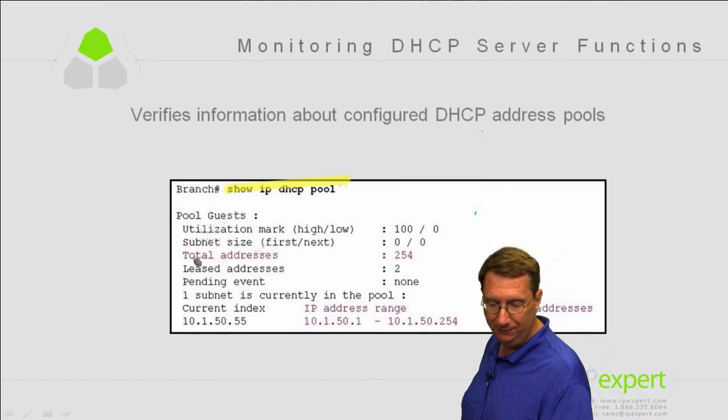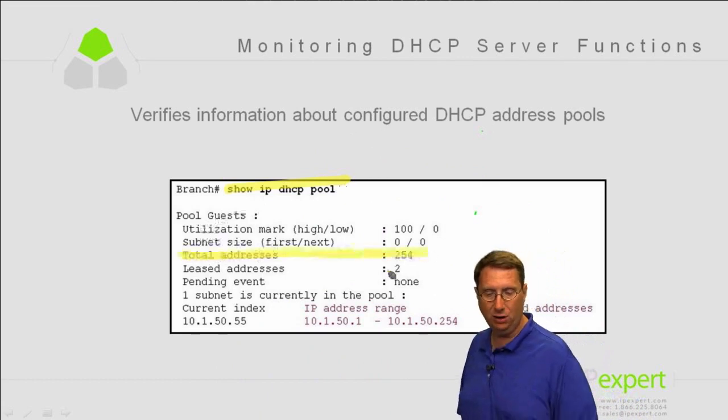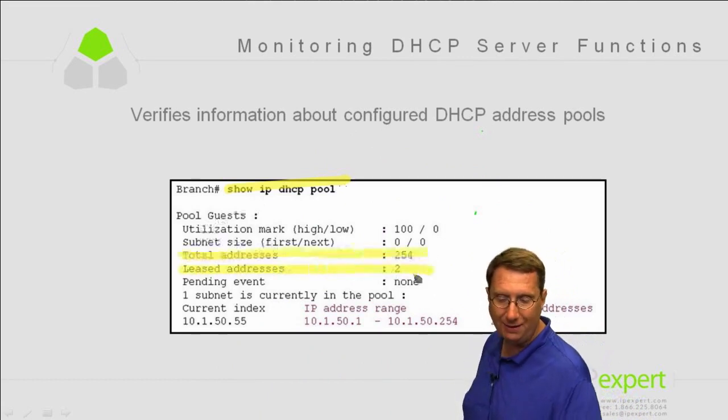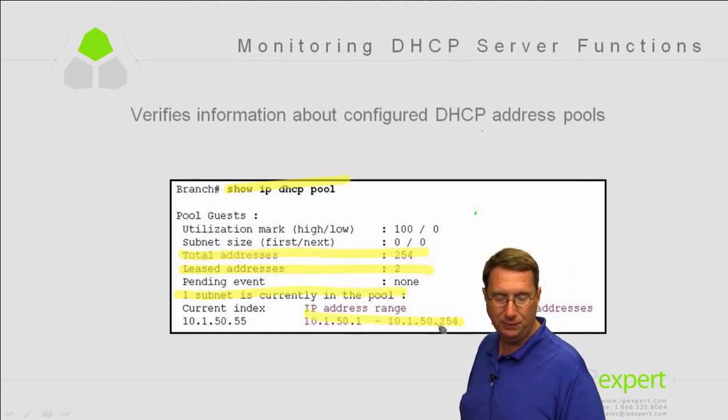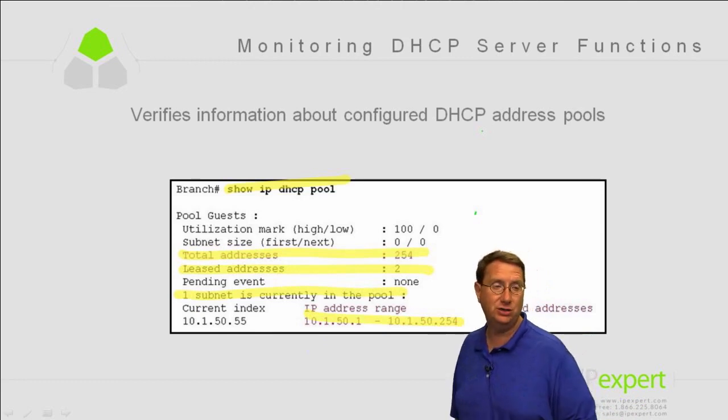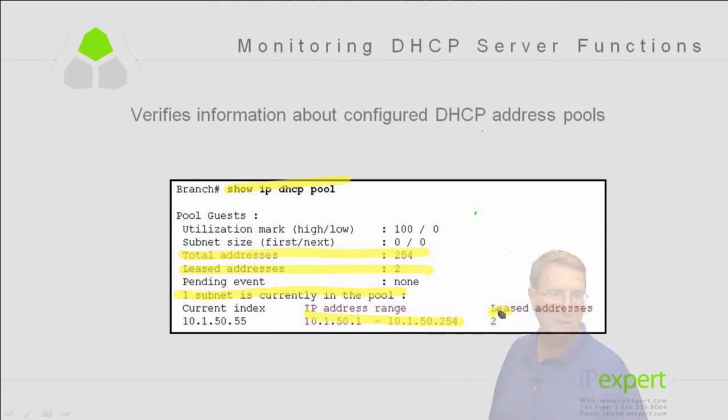Notice here it tells me my total addresses, how many addresses have been leased out, and whether there are any issues. So for instance, one subnet is currently in the pool and how it's been arranged, and also it repeats the information here. Actually, let me remove myself from the equation here. So the show ip dhcp pool is one of the ways that we can verify or monitor that things are operating.